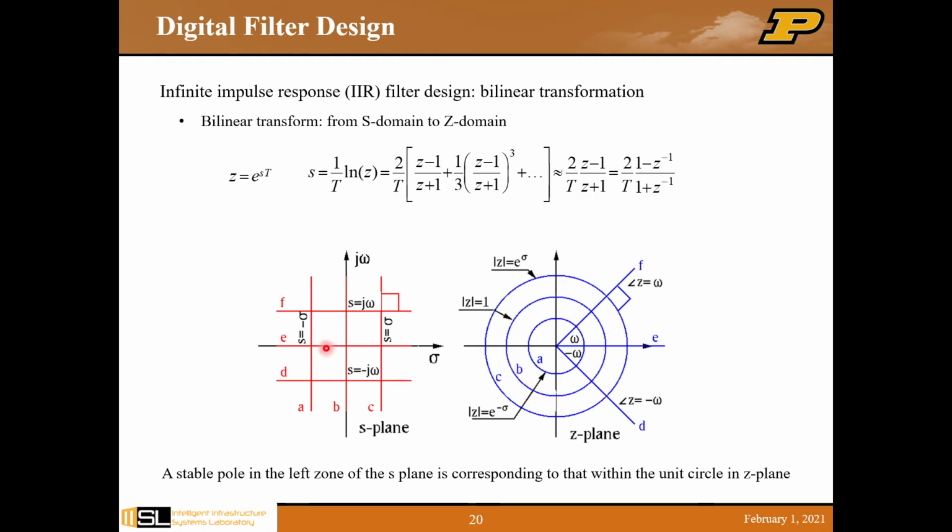Any points in the left part of the S plane are mapped to points within the unit circle, and the points in the right half of the S plane correspond to points outside the unit circle. So if we want a stable pole in the left zone of the S plane, it corresponds to points inside the unit circle in the Z plane.